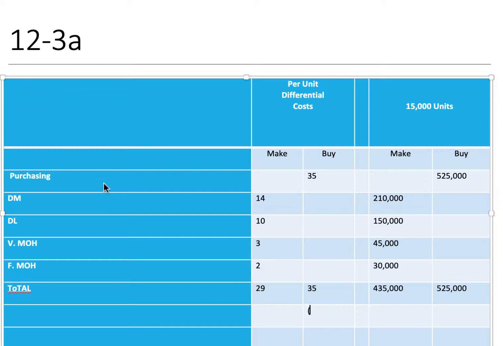So we're in the hole $6 if we buy it. In total, we're actually $90,000 in the hole by buying. So there is a disadvantage of buying the carburetors.